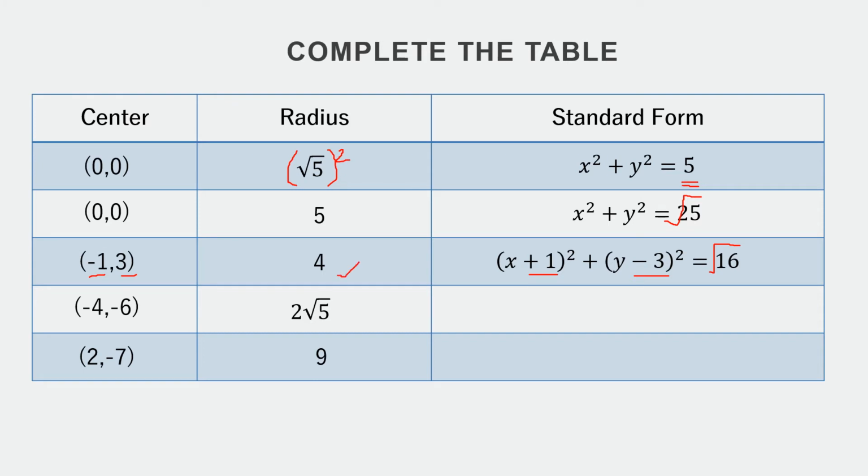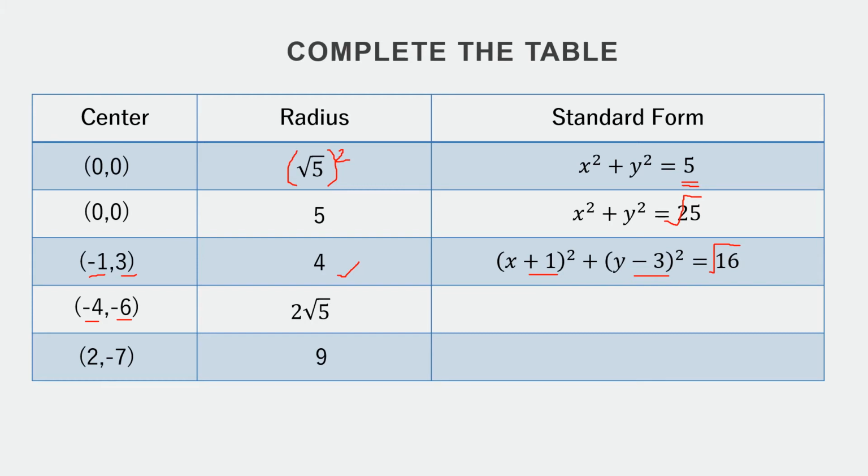Okay, so now for example number 4 and 5, we need to get the standard form given the center and the radius. So the answer for this, if this is negative 4 and this is negative 6, the value beside x and y must be positive. Okay?